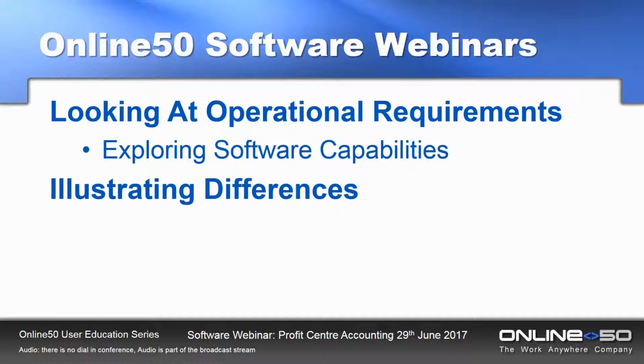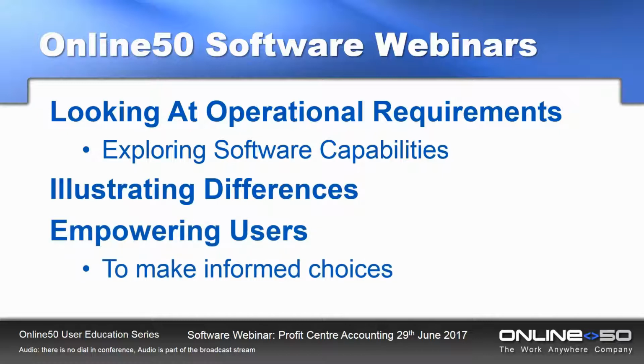We're going to be illustrating differences where appropriate between different products that we provide. So on the Online 50 platform, we've got both Sage 50 accounts and SAP Business One, which we'll be looking at to see what they do to support profit center accounting. And of course, the whole point of that is to empower users to make appropriate choices.